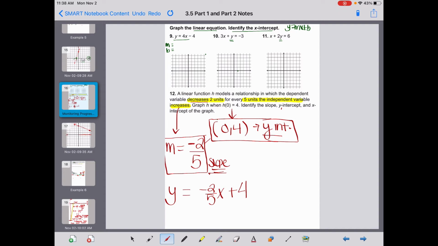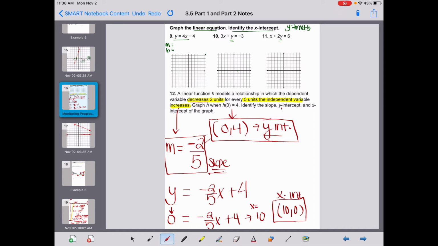So what I'm going to do is plug 0 in for y and solve for x. When you solve for x here, you're going to get that x is equal to 10. So once you have x equals 10, we know the x-intercept is (10, 0).